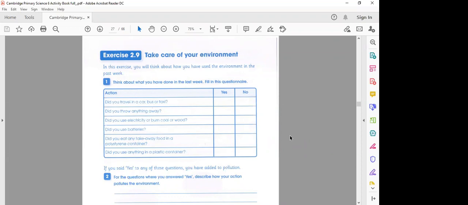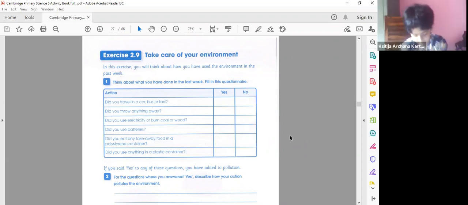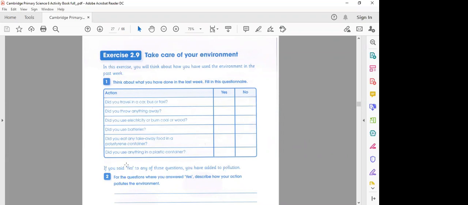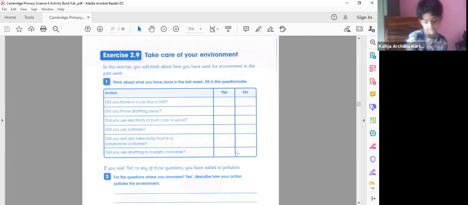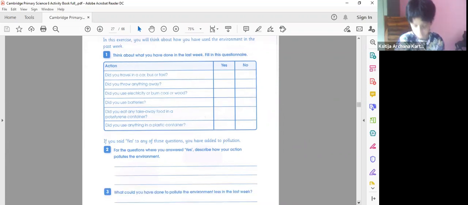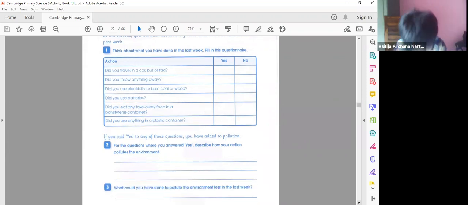Kshitija, the third question. Did you use electricity or burn coal or wood? What could you have done to pollute the environment less in the last week? I could have used solar energy instead of the normal electricity.